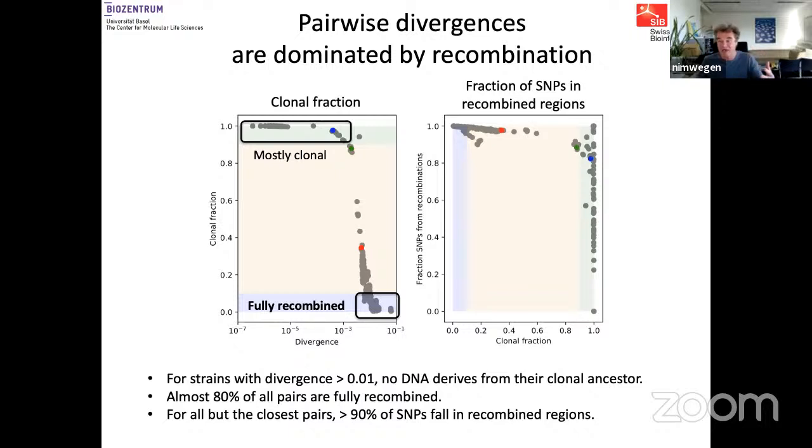So even for pairs where you still have a lot of clonal DNA left, their actual divergence is dominated by these recombined regions. And that's only not true for some strains that are extremely close together, okay? All right, so this is the analysis of pairs of strains.